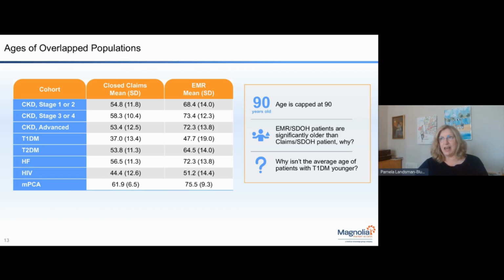You can't have any advertisements or really target younger people for your consumer products. So in this particular analysis, we do not have younger type 1 diabetes patients. There are ways to actually include social determinants of health for younger patients, which we might get to in the Q&A a little later.